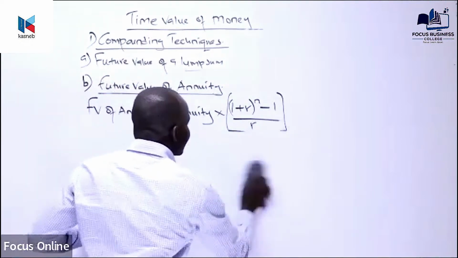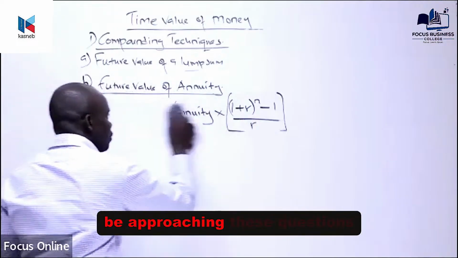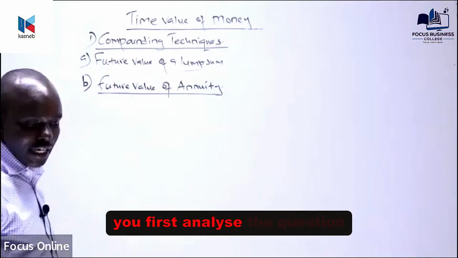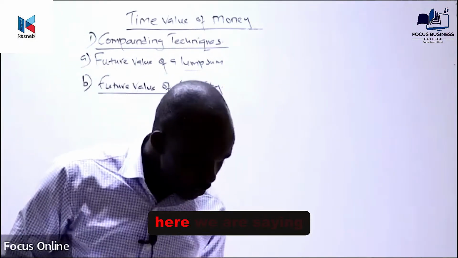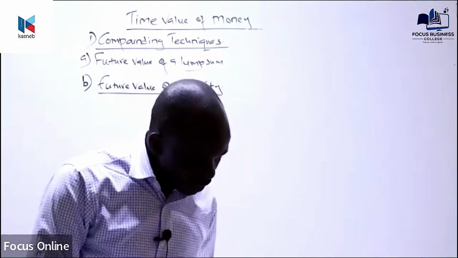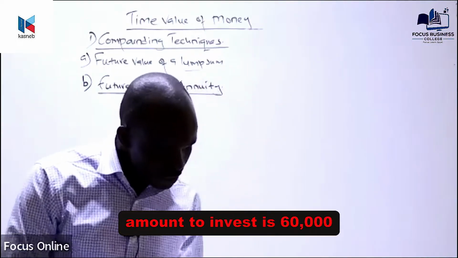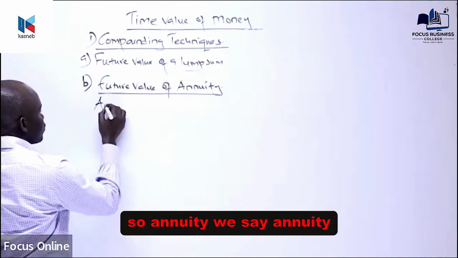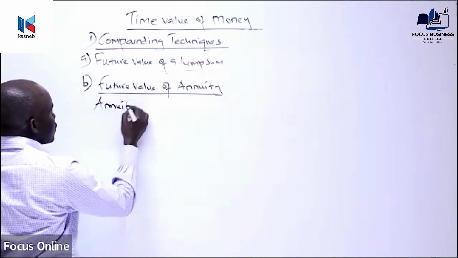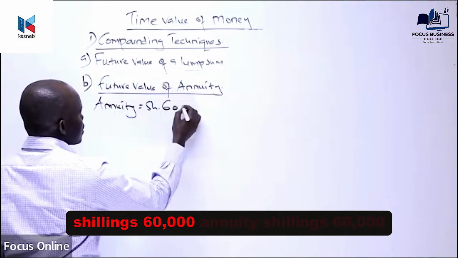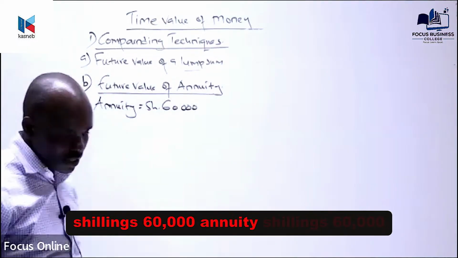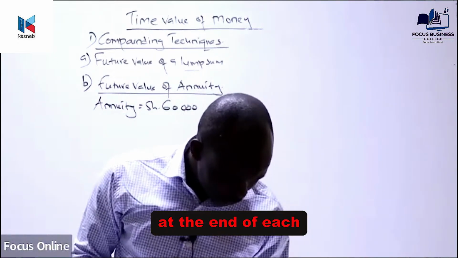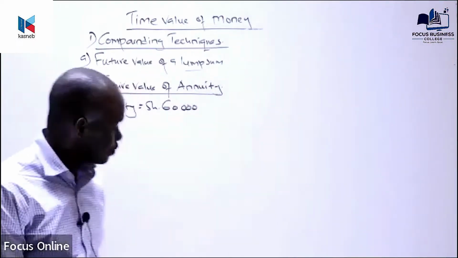Now we start. This is how you should be approaching these questions. You first analyze the question. For example, here the amount to invest is 60,000 at the end of each year. So it is an annuity: shillings 60,000 at the end of each year for 4 years.